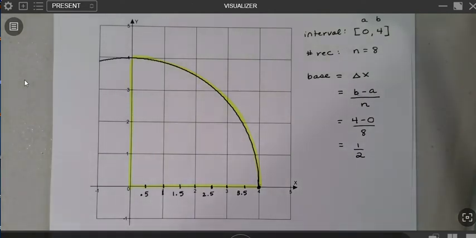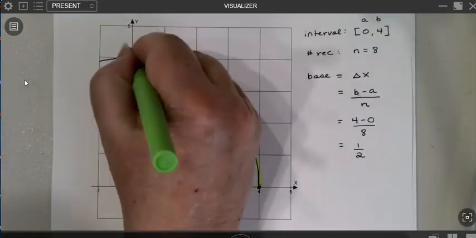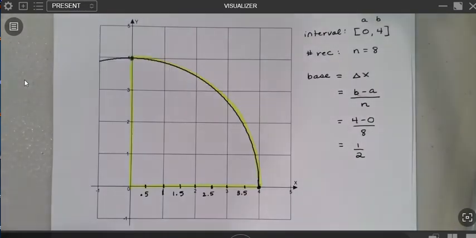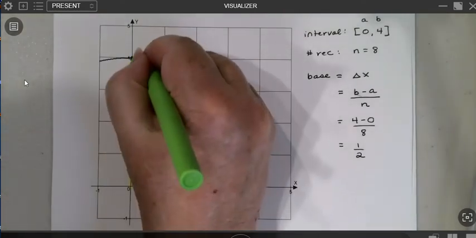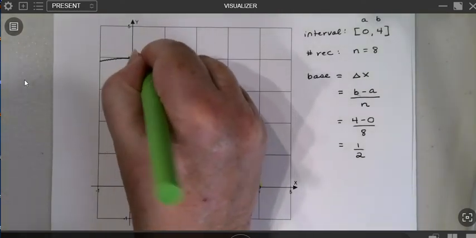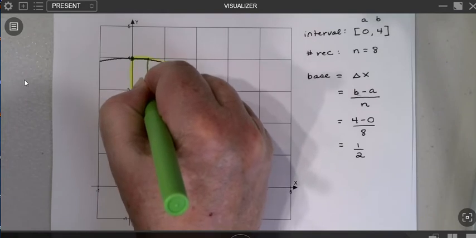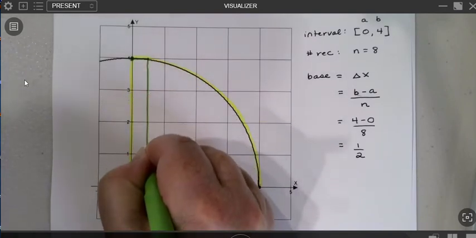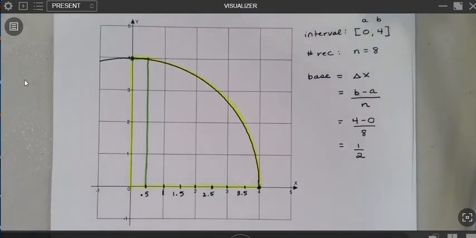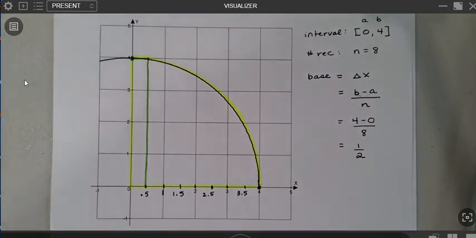I will still start with my first rectangle over here on the left. I know the height's 4. And when I level it off this time, I'm only going halfway, because I want to make sure my first rectangle only has a base of 1/2.